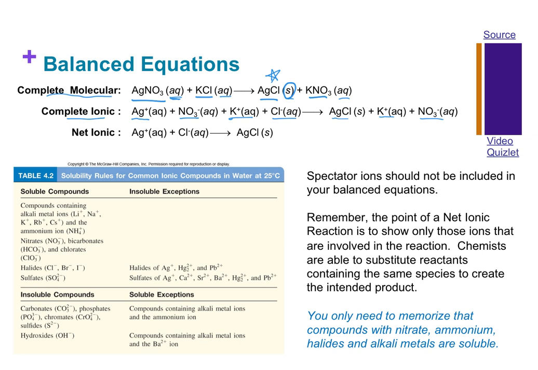To get the net ionic, what we want to do is remove spectator ions. These are the ions that didn't do anything. They started aqueous in the reactants, they end aqueous in the products, and they're not really doing a whole lot. They are not really involved. They're basically just watching. So if we look at our complete ionic reaction, potassium and nitrate stayed aqueous.